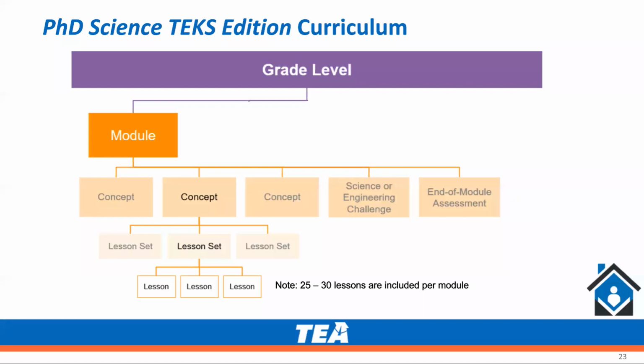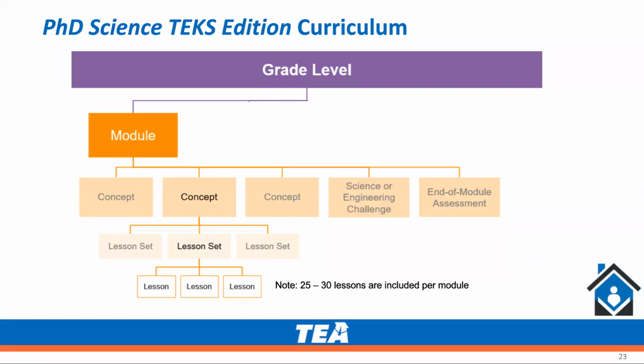So every grade level with the PhD Science TEKS Edition has several modules covering phenomena in organisms and environment, earth and space, force, motion and energy, as well as matter and energy. Each module is broken down into a coherent sequence of concepts, a science engineering challenge, as well as an end of module assessment.